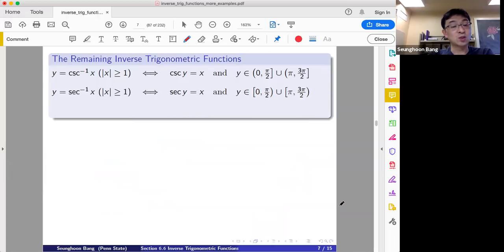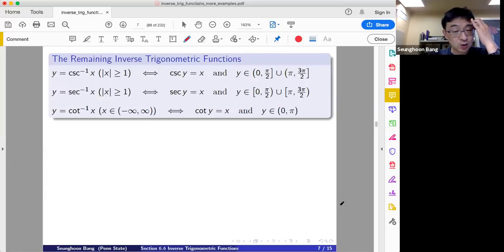For y equals inverse secant of x, you can use the definition: secant of y equals x, where y is between these two intervals. For y equals inverse cotangent of x, cotangent y equals x, where y is between 0 and pi. This is the whole idea for solving this kind of problem.